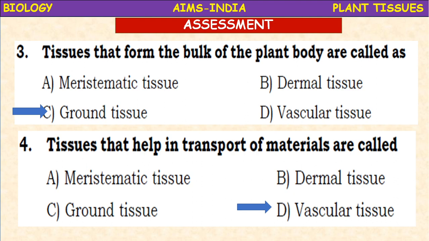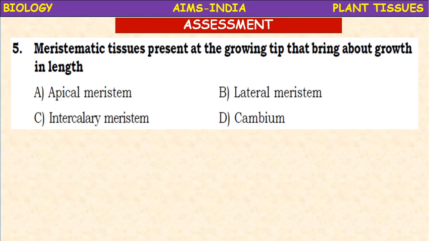The tissue which forms the bulk of the plant body: ground tissue. The tissue that helps in the transport of materials in plants: vascular tissue. Ground tissue consists of parenchyma, collenchyma and sclerenchyma. Vascular tissue consists of xylem and phloem. So let us proceed.